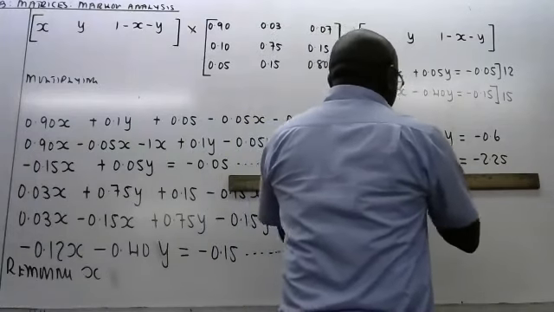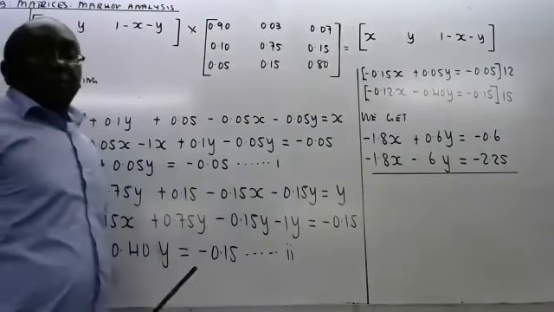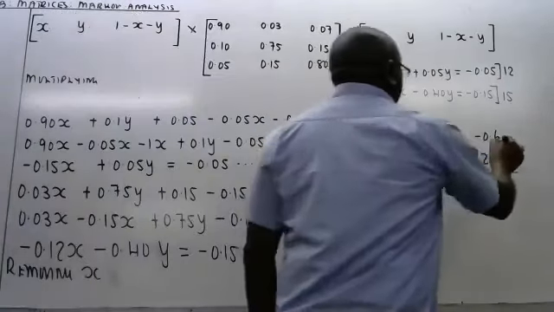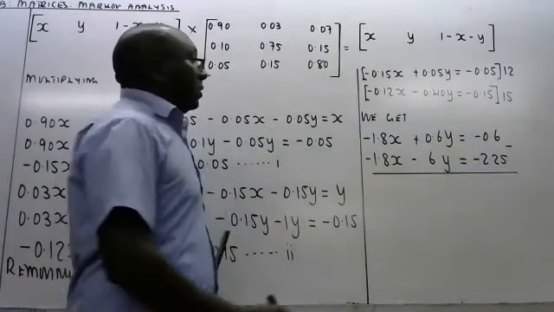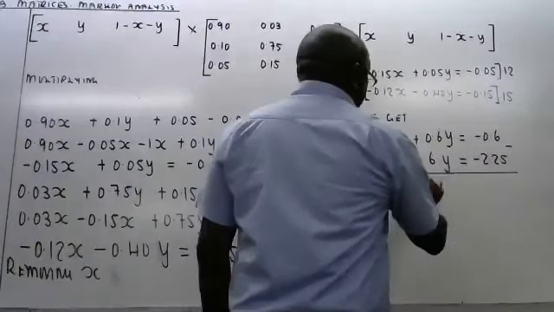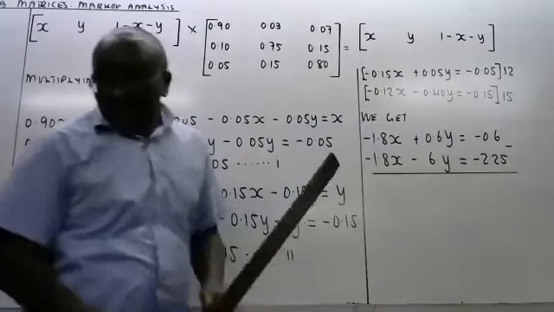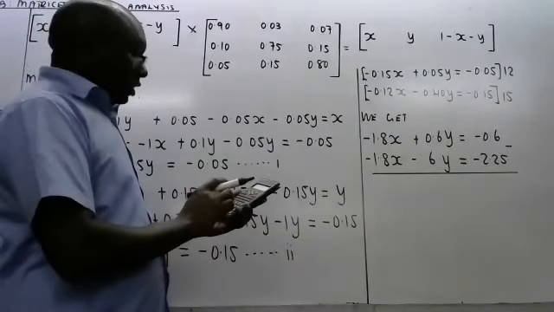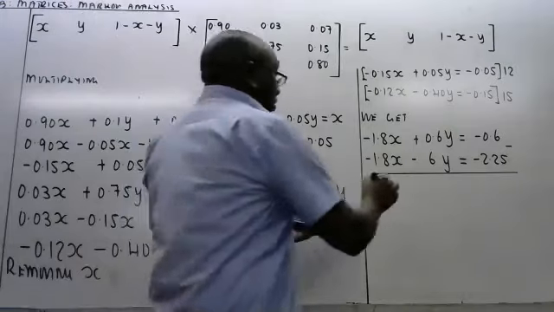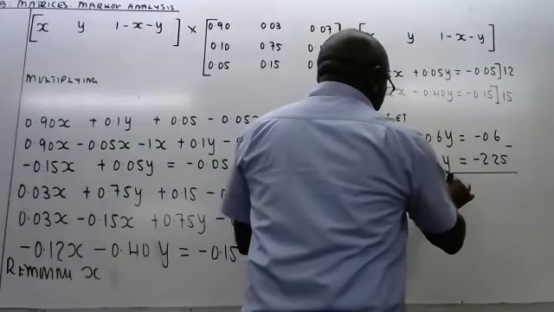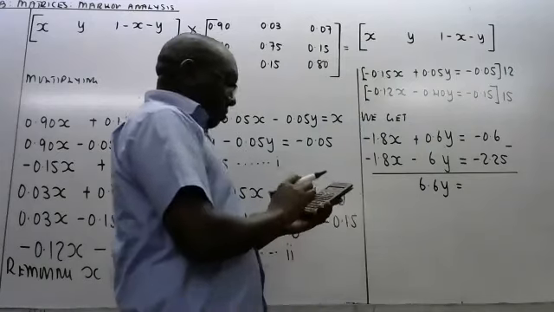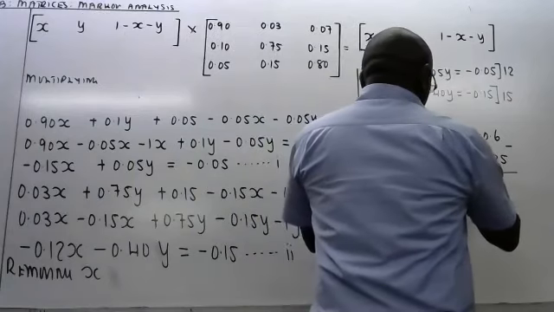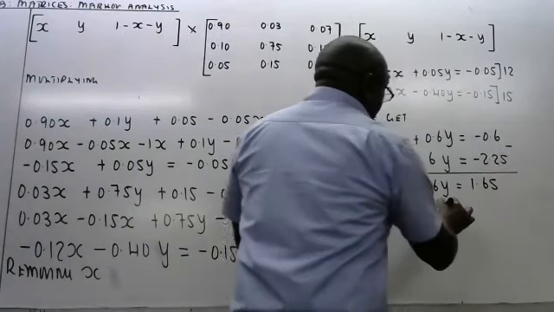So for my x to disappear, what I will have to do is to subtract. And when I subtract, I'm left with 0.6 minus 6, which is minus 5.4y... that is 6.6y equal to minus 0.6 minus 2.25, which is 1.65.